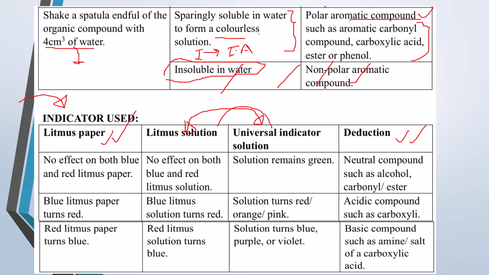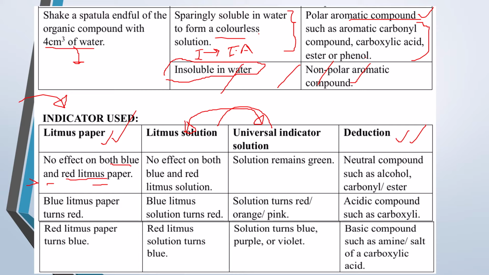Now, some students say that there is no effect on the litmus paper. That is not a specified observation. We need an observation talking about the blue litmus paper together with the red litmus paper. So if you're not having any effect, you simply say that there is no effect on both the blue and the red litmus paper.